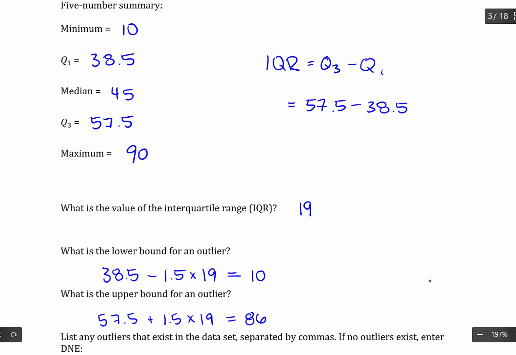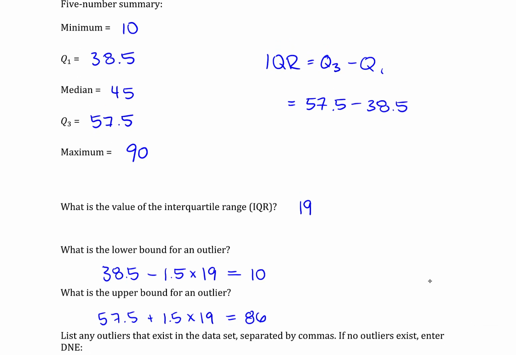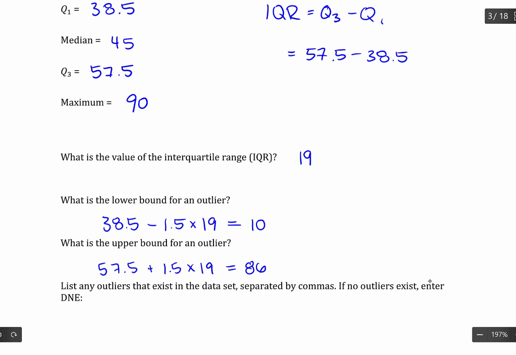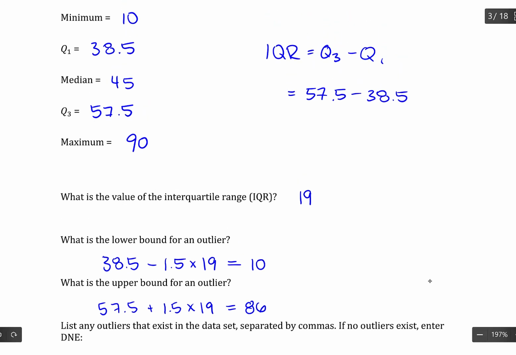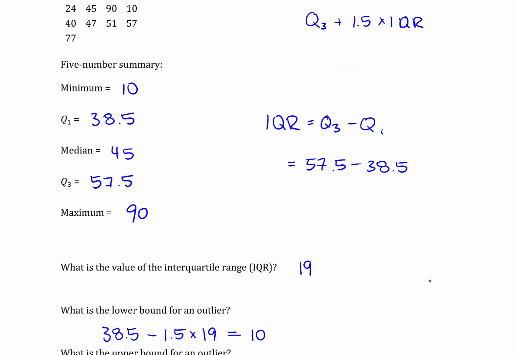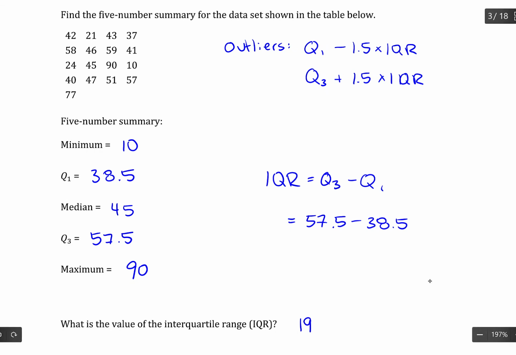So if my data set was sorted, it would be easy to tell which ones are outliers, but the next question is to list any outliers in the data set, and we separate them by commas. So let's take a look. So any value greater than 86. So if I scan through, I'm looking for any numbers that are bigger than 86. There's one.